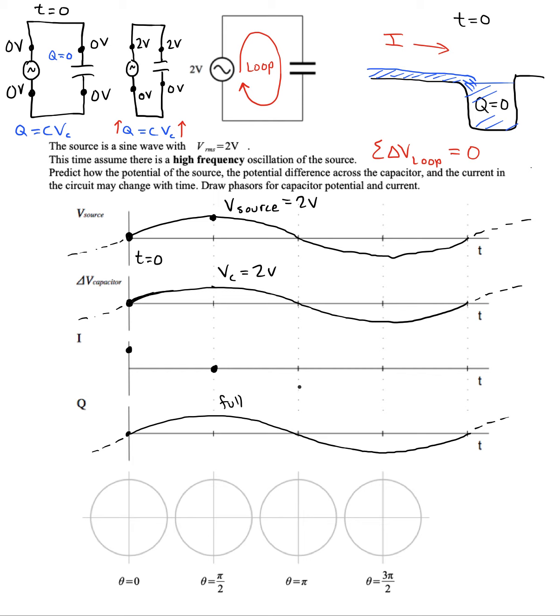Then the current is going to reverse direction and flow backward out of the reservoir. What this makes is a graph where current is at a high level before the charge is, and then current ceases when the capacitor becomes full. Now, current has to go in the negative direction in order to start to empty that capacitor. That's the idea here.